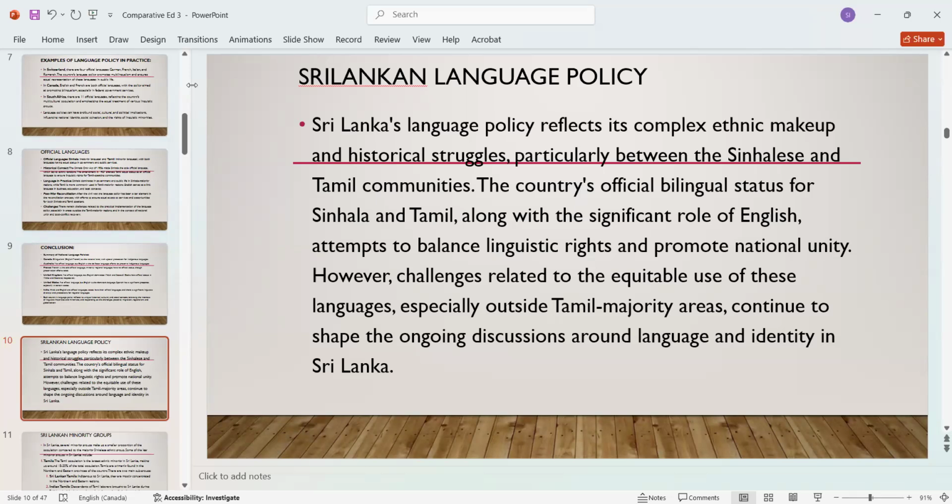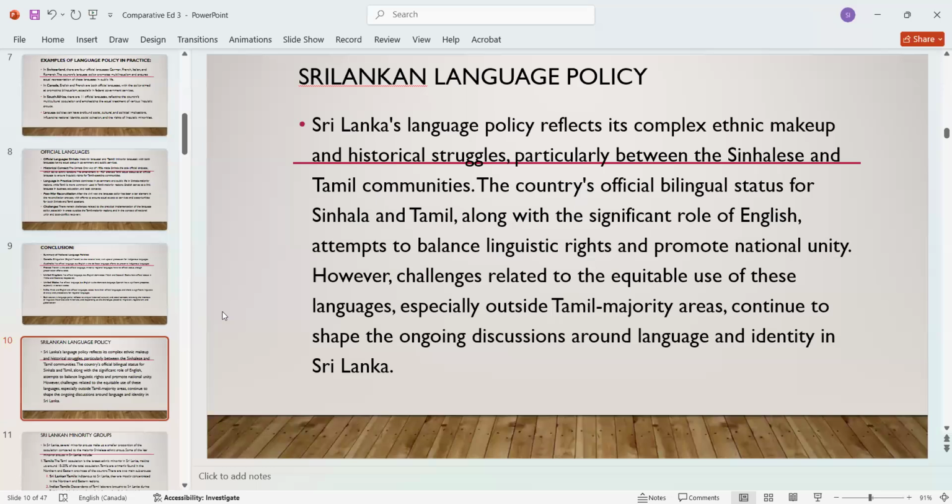However, challenges related to the equitable use of these languages, especially outside Tamil majority areas, continue to shape the ongoing discussion around language and identity in Sri Lanka. So this is the Sri Lankan language policy.